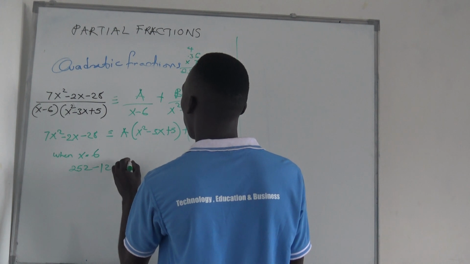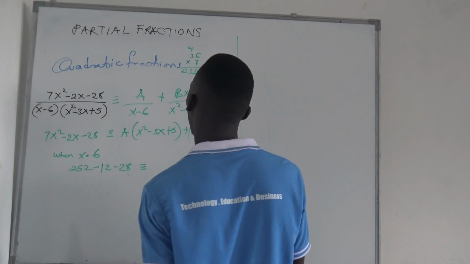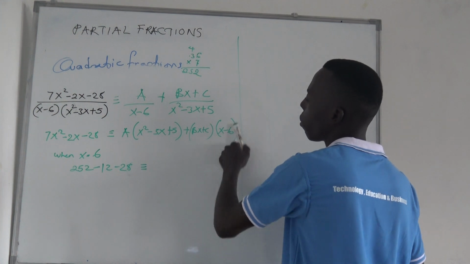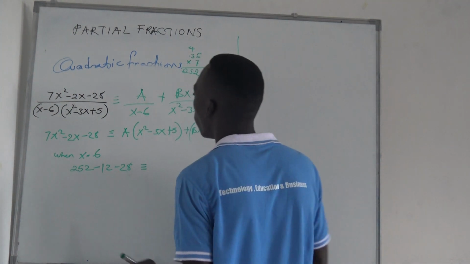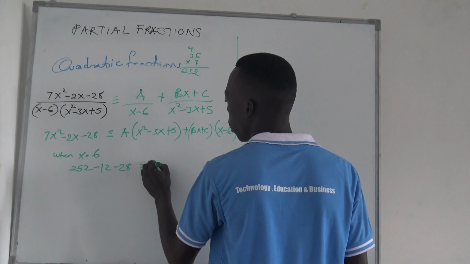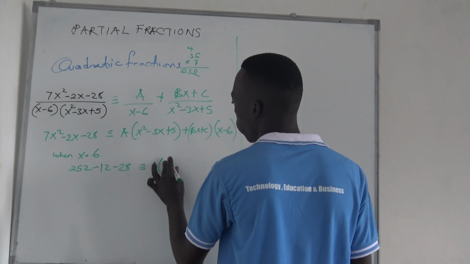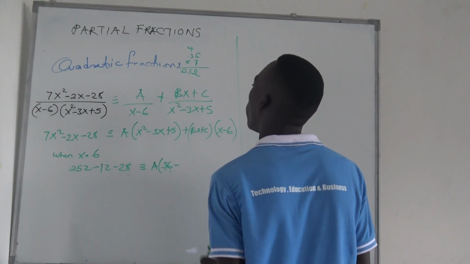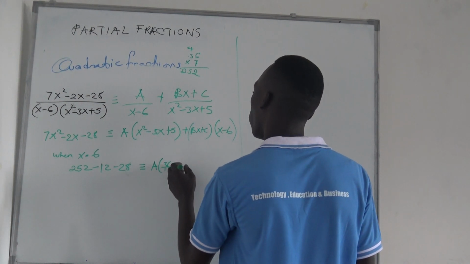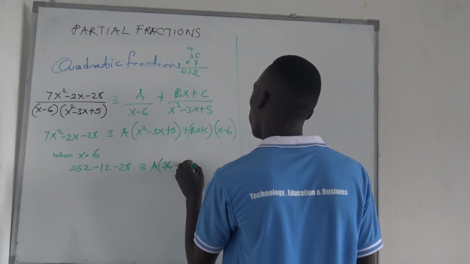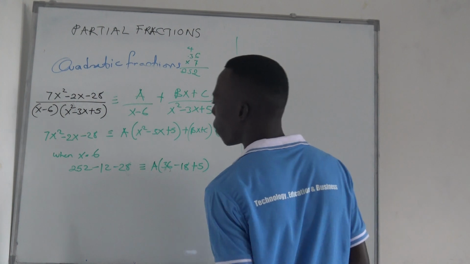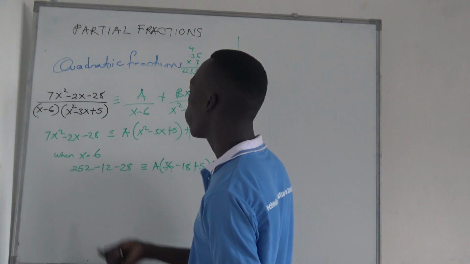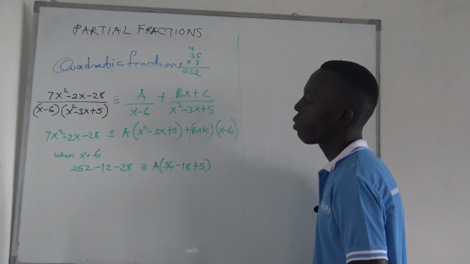Everything on this side, we have only A times 36 minus 3 times 6, which is 18, plus 5.